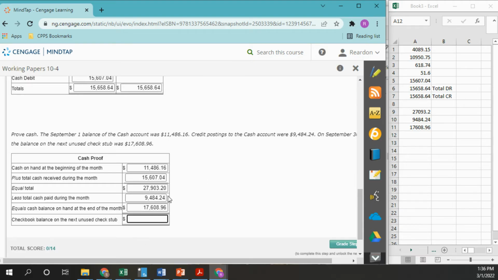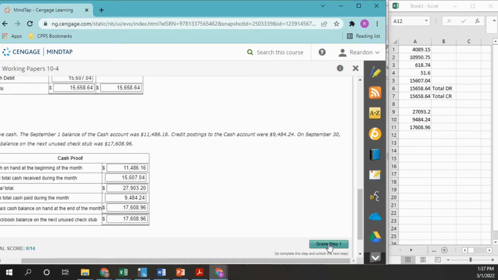And according to my last check stub, I had that in my account. I just proved cash by summarizing what's in my cash payments and cash receipts journals, in addition to my beginning balance, and matching that up against my last check stub and what the balance is.